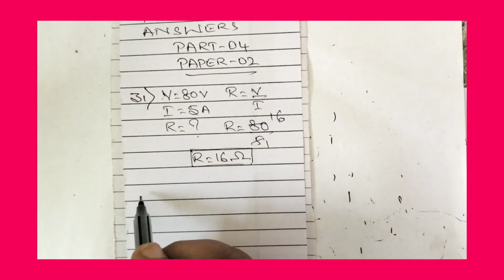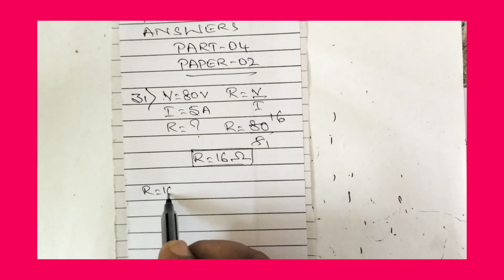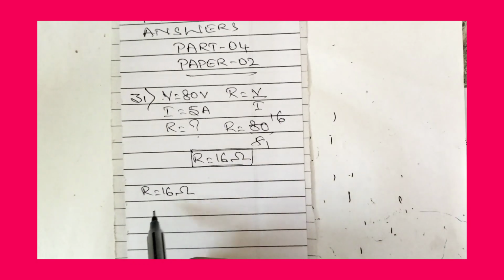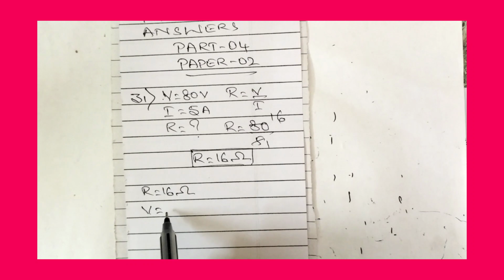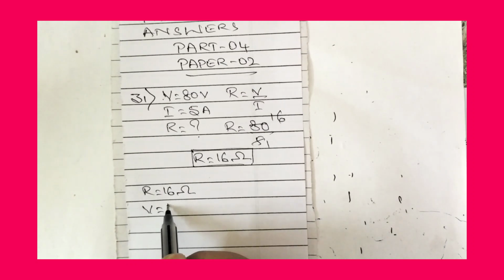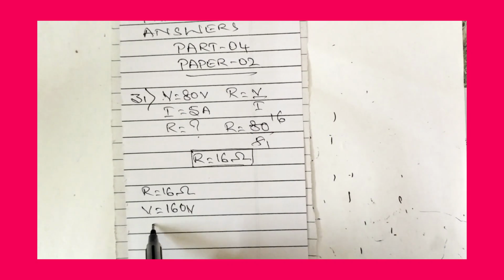Now let us make a list. R is equal to 16 ohm, this is the circuit resistance. Then the voltage has been increased from 80 volts to 160 volts. Now V is equal to 160 volts. Now we have to calculate the current.